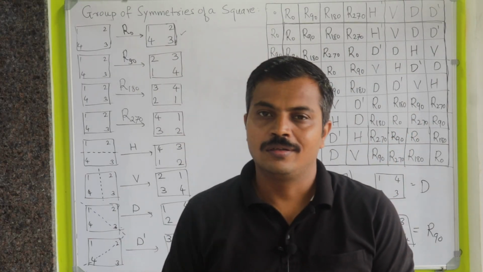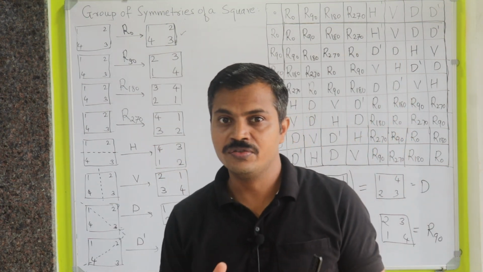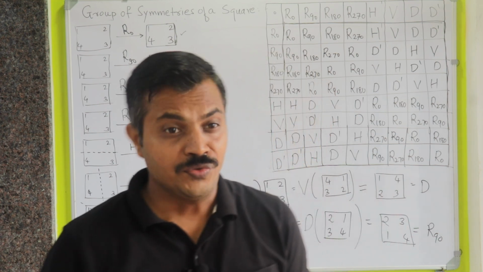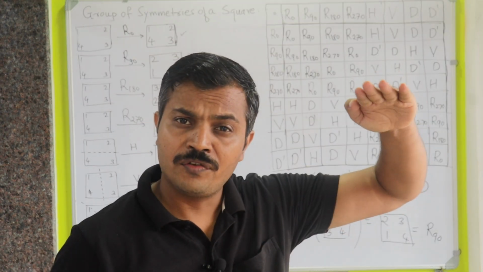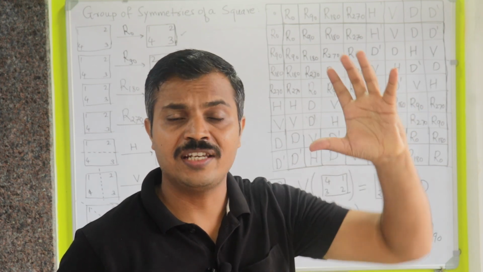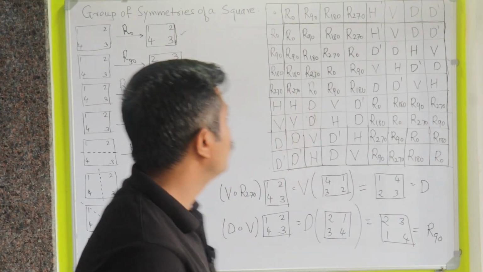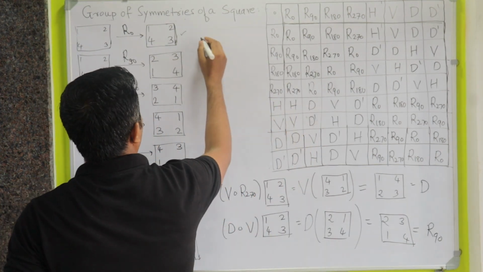Now, once the table is completed, we have to check all the conditions of the group. So we know the first condition of the group is that the set should be non-empty. Whatever set we are checking, whether it is a group or not, that should be non-empty. So which is our set in this case?